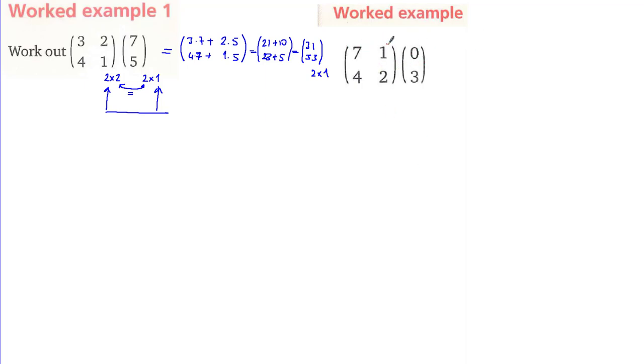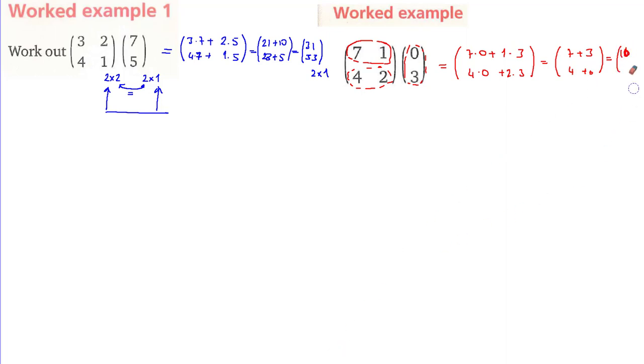Again I'm showing the rows we are going to multiply: from the first matrix you get the rows, and from the second one you get the columns. 7 times 0 plus 1 times 3, and 4 times 0 plus 2 times 3, which is equal to 7 times 0 is 0, plus 3, and 4 times 0 is 0, plus 6, which is equal to 10. I'm going to rewrite this part.